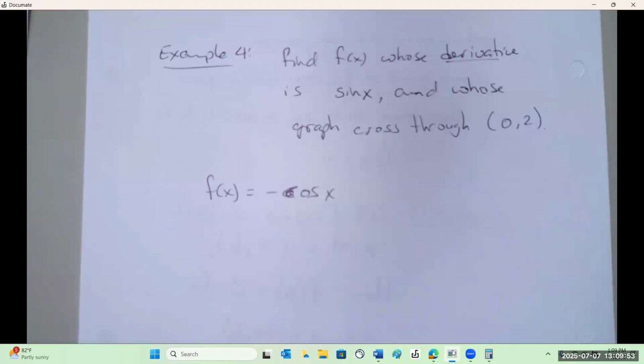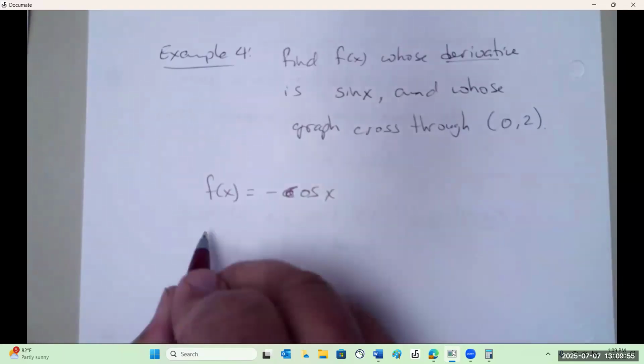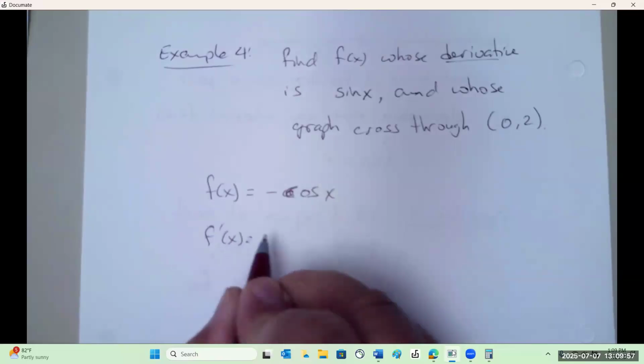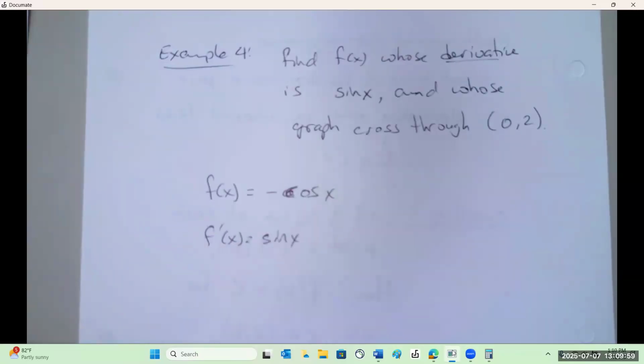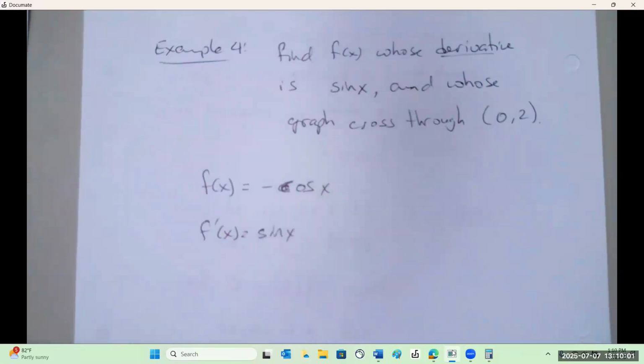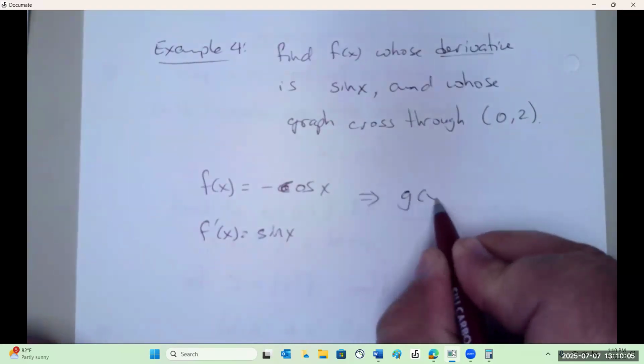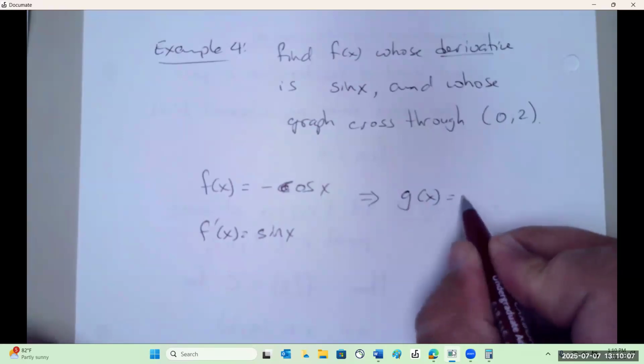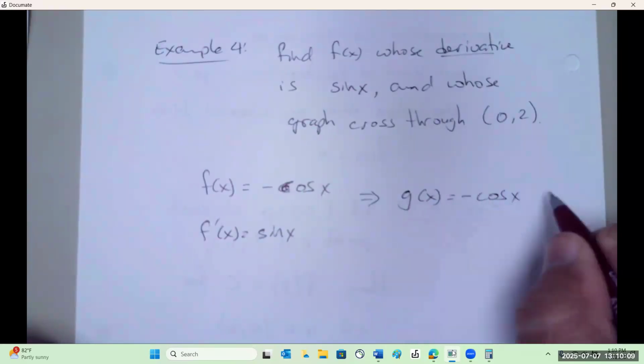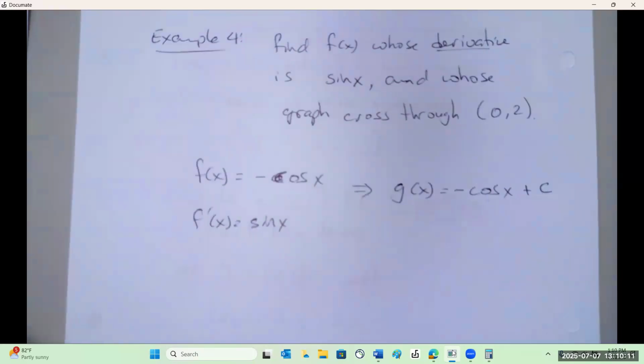Because its derivative is sine x. So therefore, there has to be another function that's different by some constant.